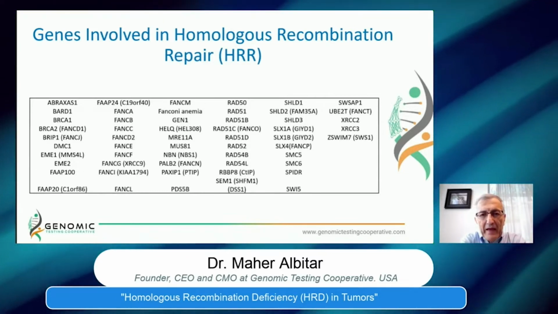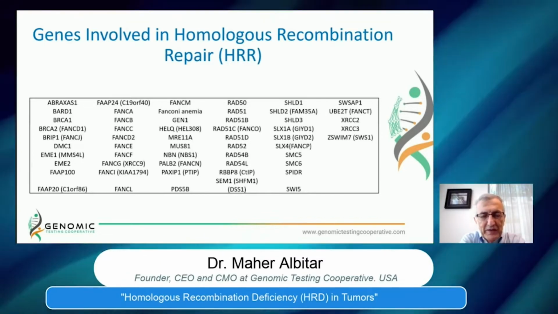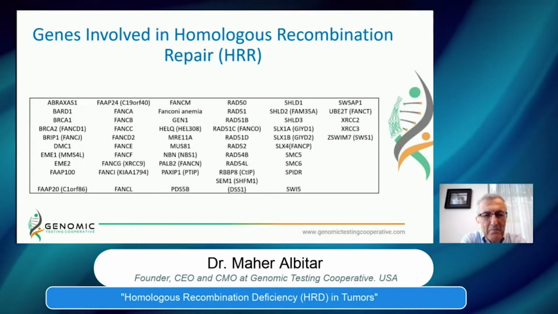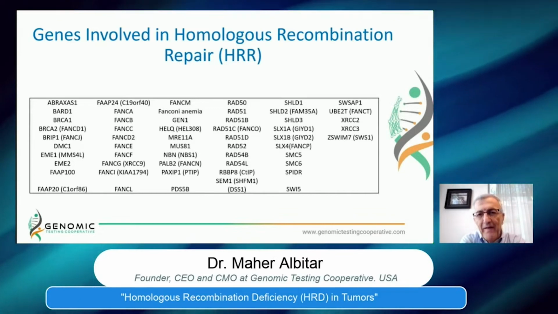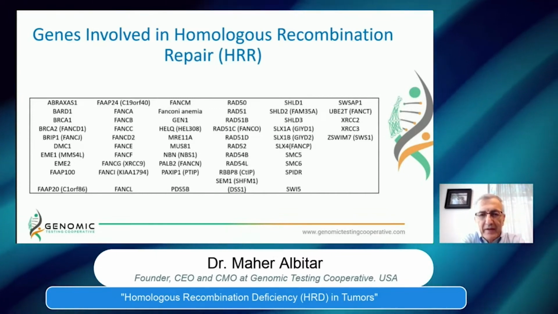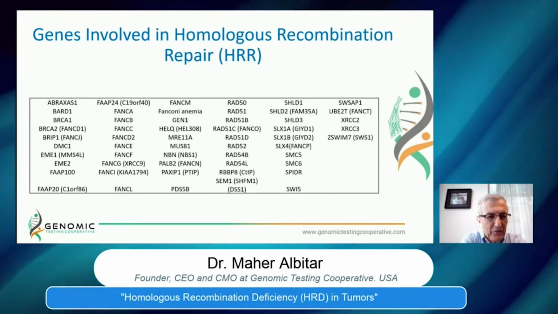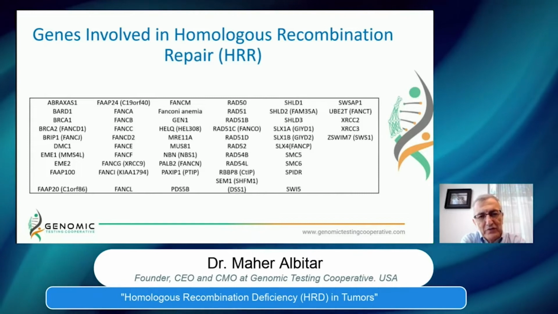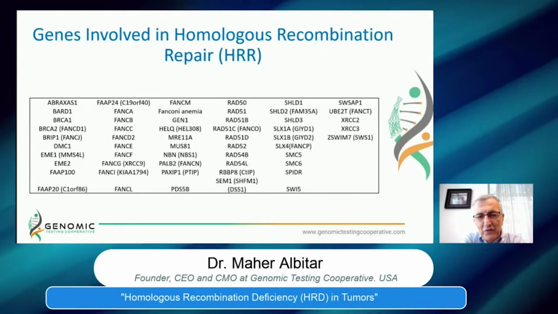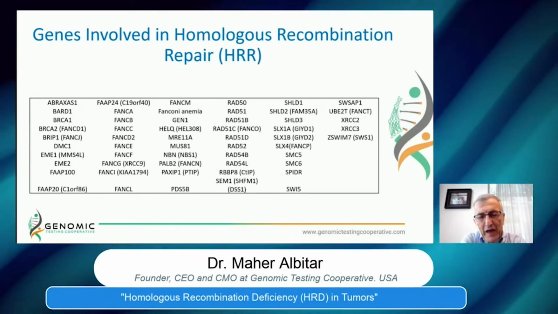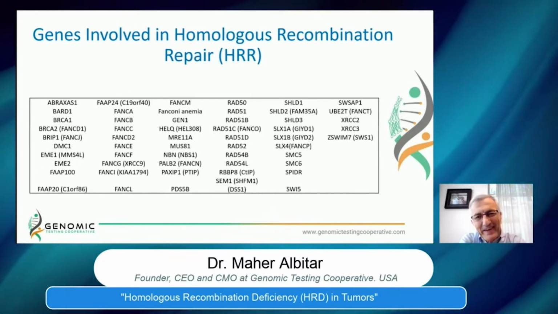Now, not all these genes are created equal, and some of these genes could be mutated, but you don't have the phenotype of deficiency. The other thing which is extremely important, and we understand it better than ever before, is that sometimes you don't have a mutation in any of these genes, but you have deficiency because of epigenetic influence on these genes, which is mainly methylation.